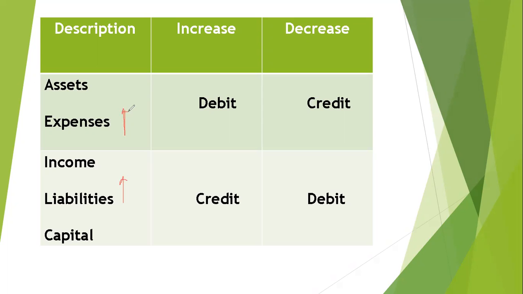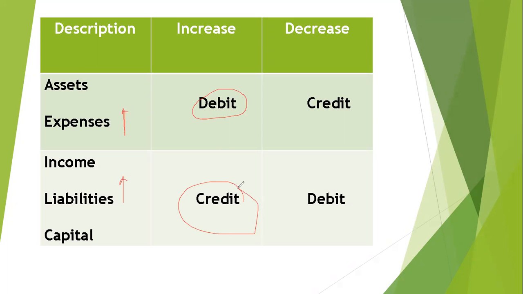When there is an increase in expense, we debit the entry. At the same time, we credit the liability because there's an increase in liability.